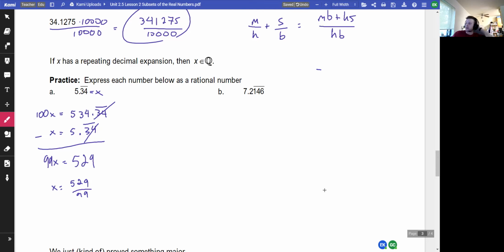How do we do that with B here? Maybe we need to do a little bit more multiplying because our repeating section for our decimal is longer and in a different spot. Let's call it x. We need to get rid of the 146 repeating. Can we get two numbers where the 146 repeating is in the same column?